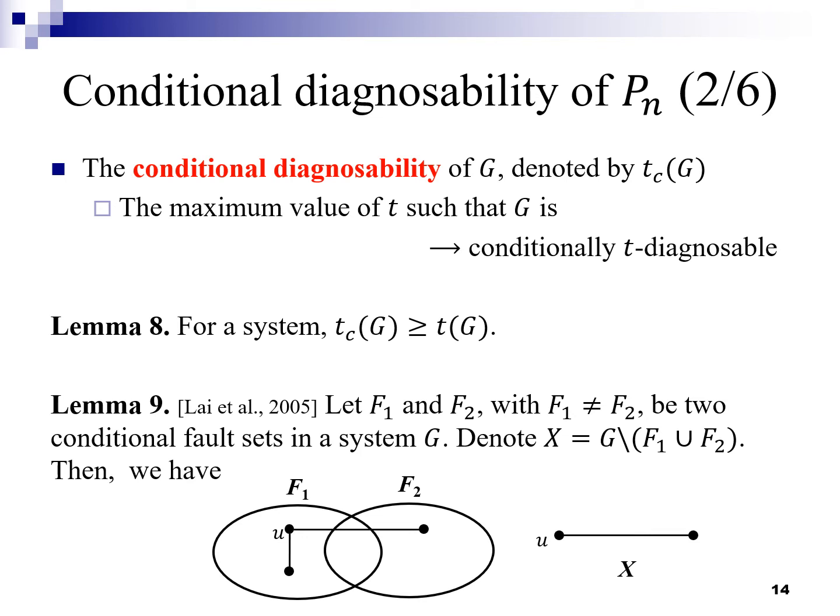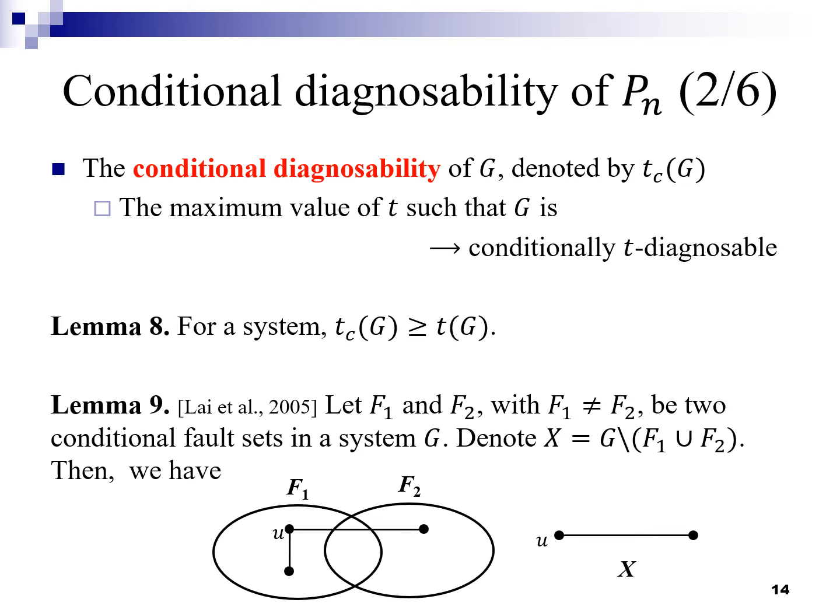So, lemma 8 describes a simple conclusion that for a system, the conditional diagnosability of a system G is bigger or equal to the traditional diagnosability of the system.